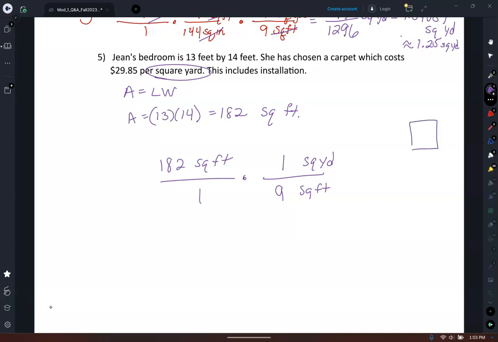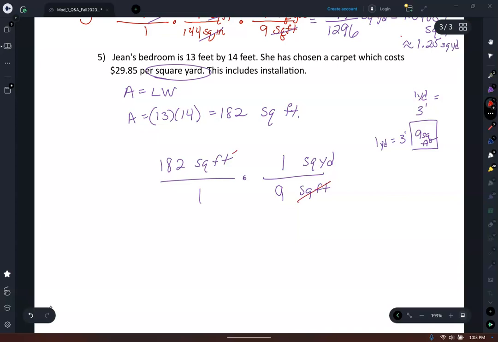So remember, if it's 3 feet by 3 feet, which would be the 1 yard equals 3 feet, it would be 9 square feet. So then I go ahead and cross out the units I no longer want. And then I get 182 over 9, 20.222, so on and so forth. And that is square yards.